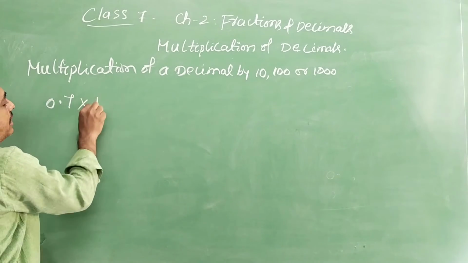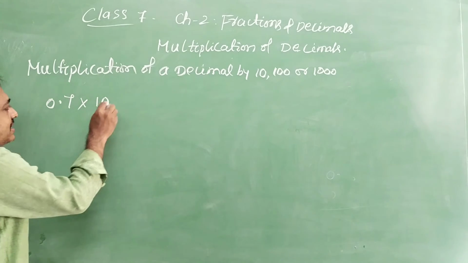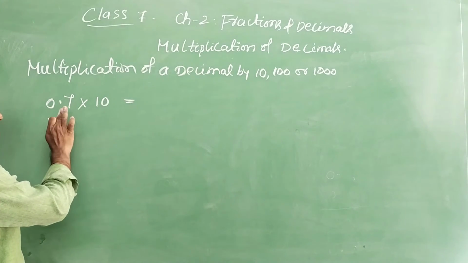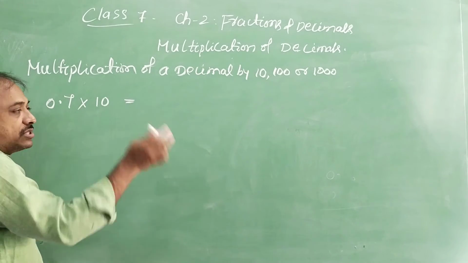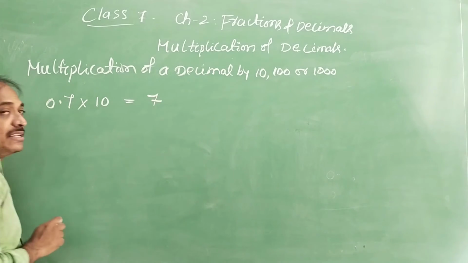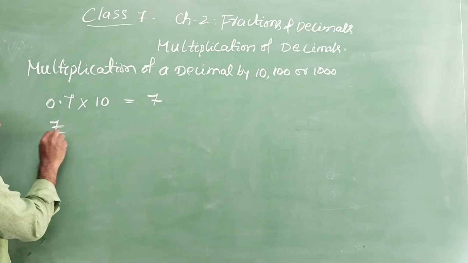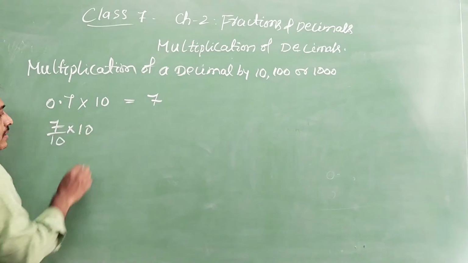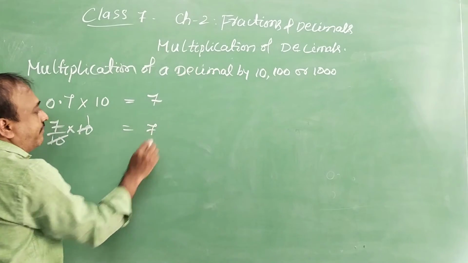So 0.7 into 10. We just multiply 0.7 by 1 and write 7, with as many zeros as over 1. How is it 7? You see, 7 by 10 into 10, the 10s cancel, which equals 7.